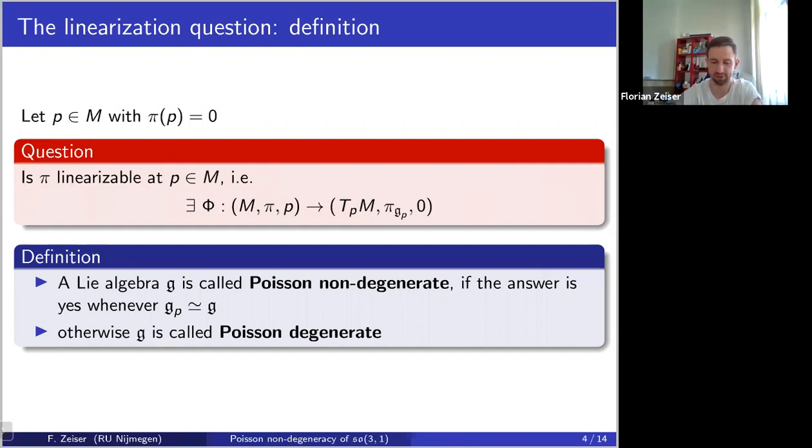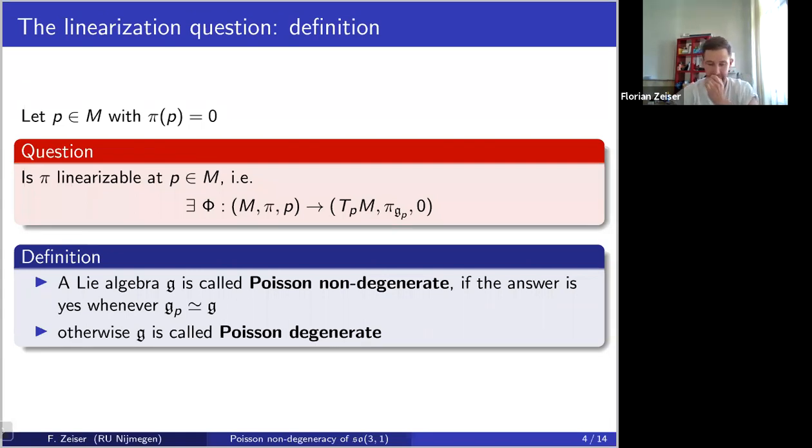If that's not always the case, then we call the Lie algebra Poisson degenerate. However, the answer might not only depend on the Lie algebra, but also on the category we are looking at. One could ask φ not to be a smooth diffeomorphism, but, for example, to live in the formal category, so to be a local equivalence in terms of power series, or to be analytic.